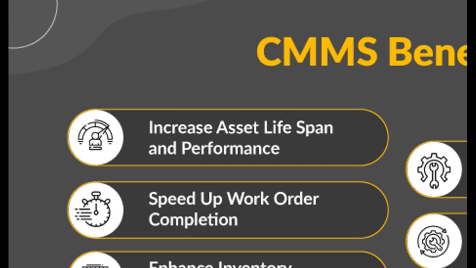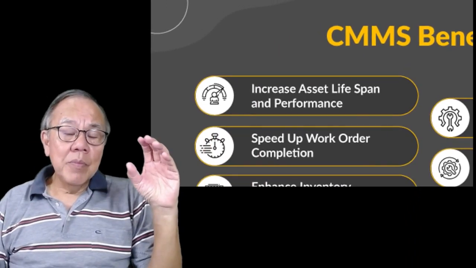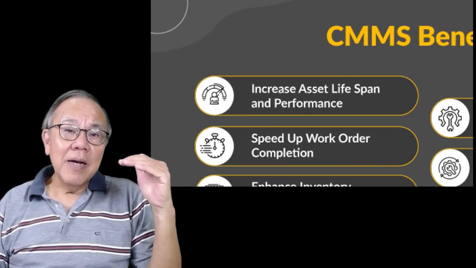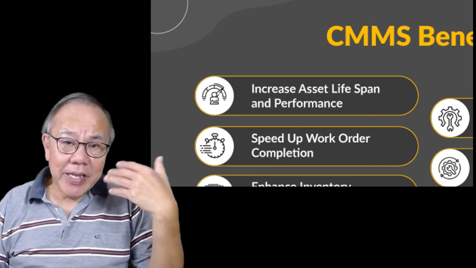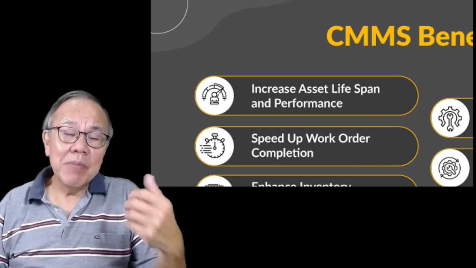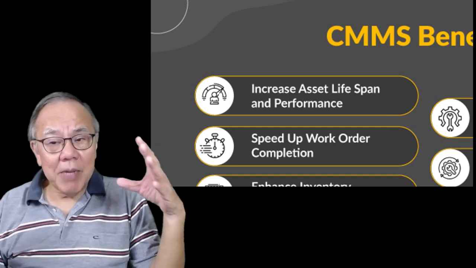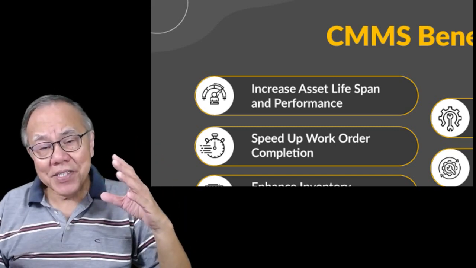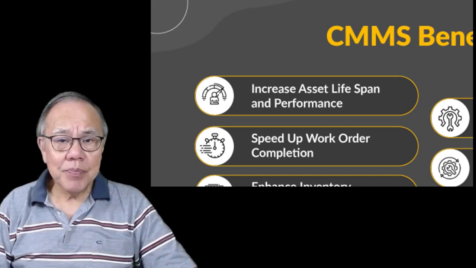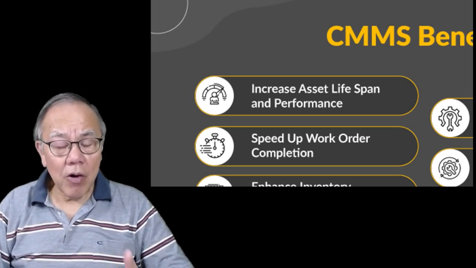Why does it do that? The reason is, if you believe in preventive maintenance, in planned maintenance, then having a CMMS gives you a very disciplined way of doing things, where things can be recorded.